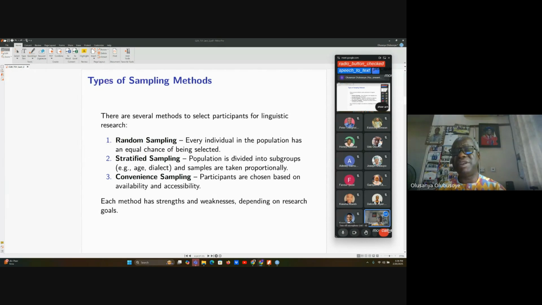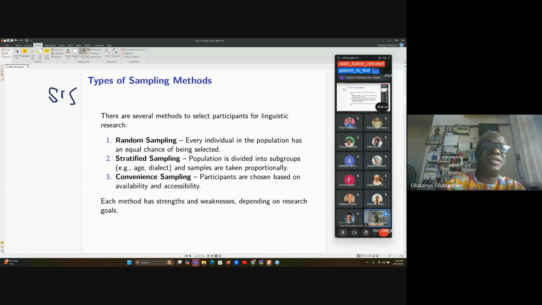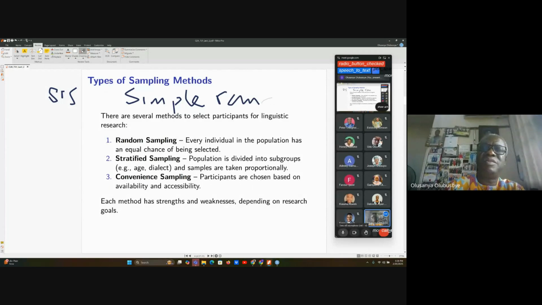First group, the random sampling methods: you have random sampling, which we also expand to be simple random sampling, SRS, or simply put, simple random sampling.